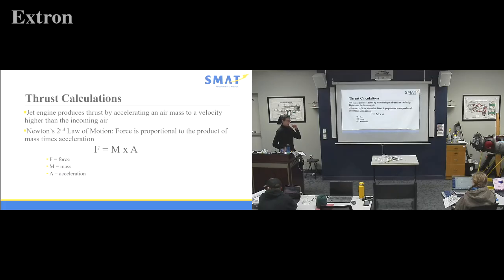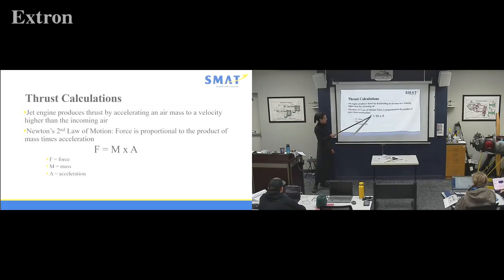So, jet engines produce thrust by accelerating an air mass to a velocity higher than the incoming air. Make sense? Yes. And the second law of motion now is force is proportional to mass times acceleration.